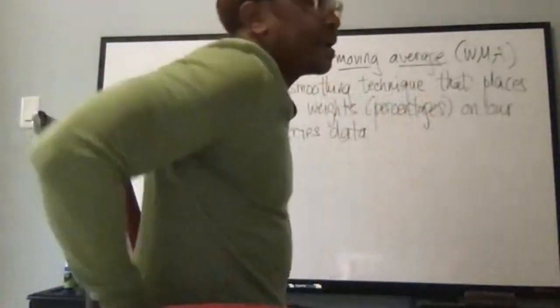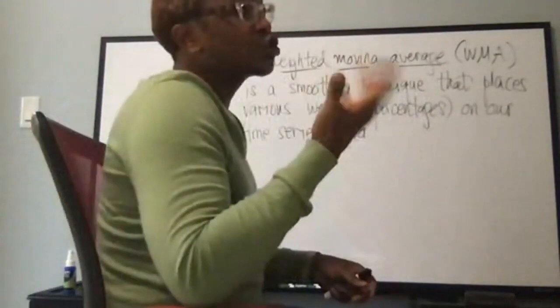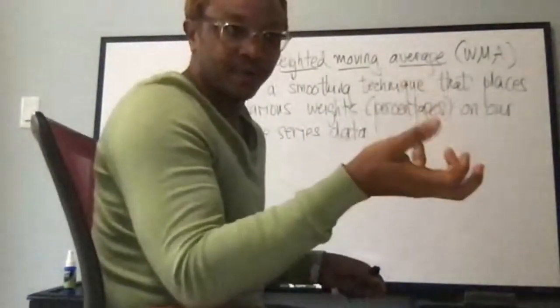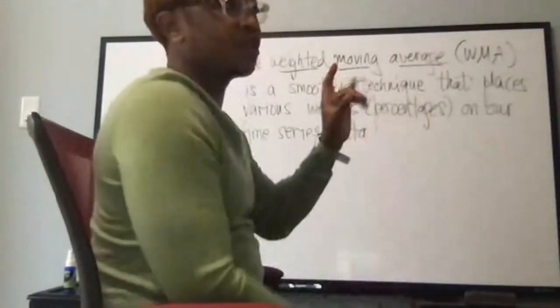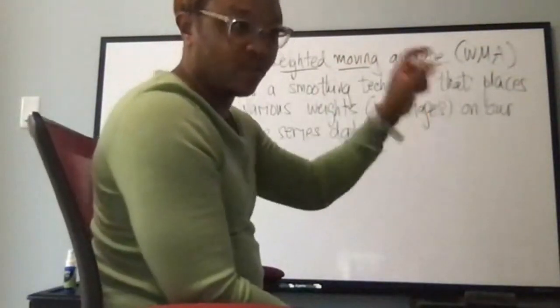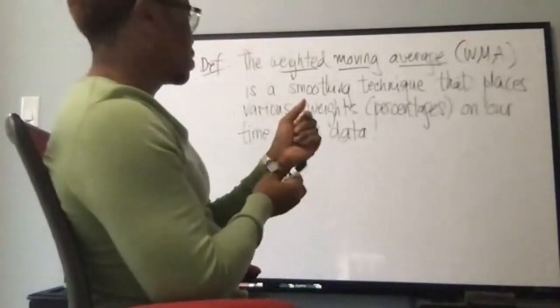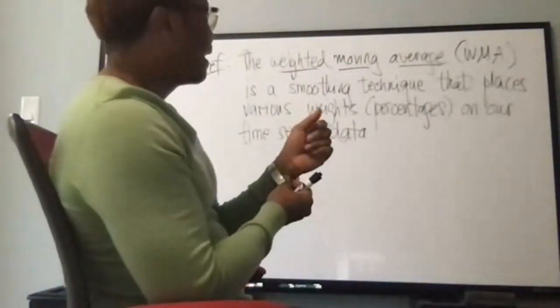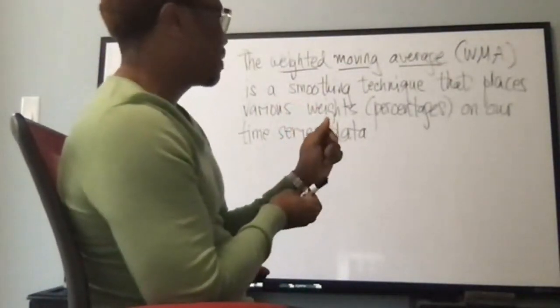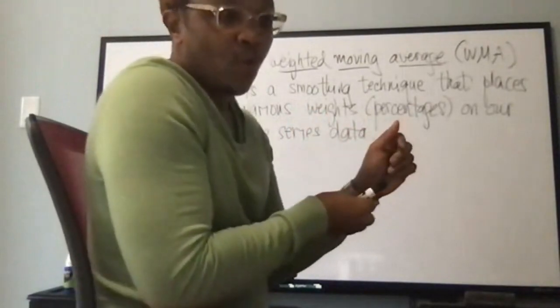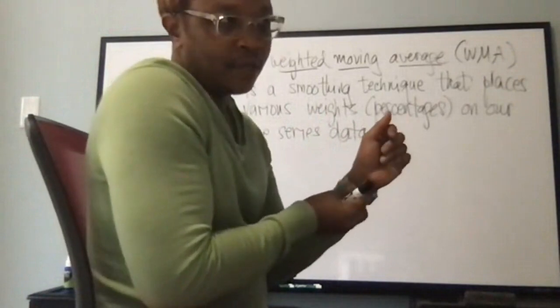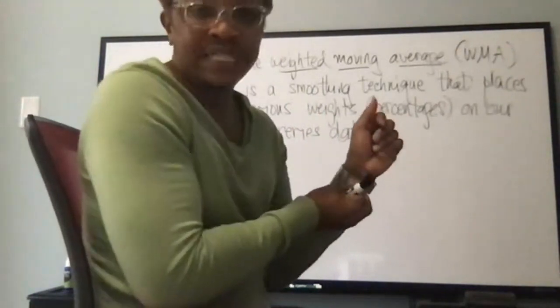Whereas in SMA, if I say it's an SMA 3, it automatically assumes the weight is 1/3. Or SMA 5, it assumes those weights are equal, 1/5, 1/5, 1/5. But what if those weights are not equal? In a real life situation, you may want to place more weight on the data point that's the most recent.